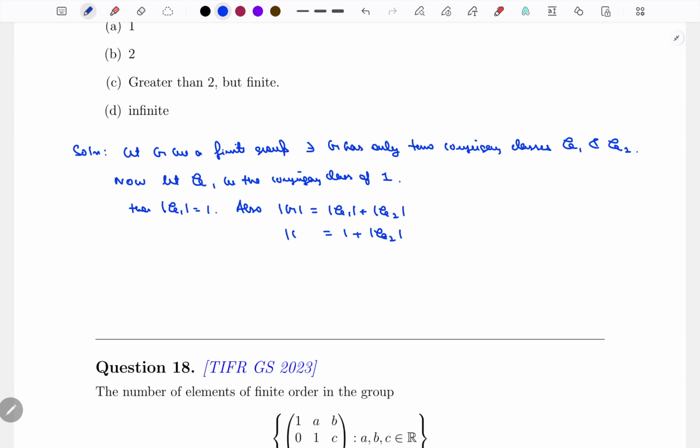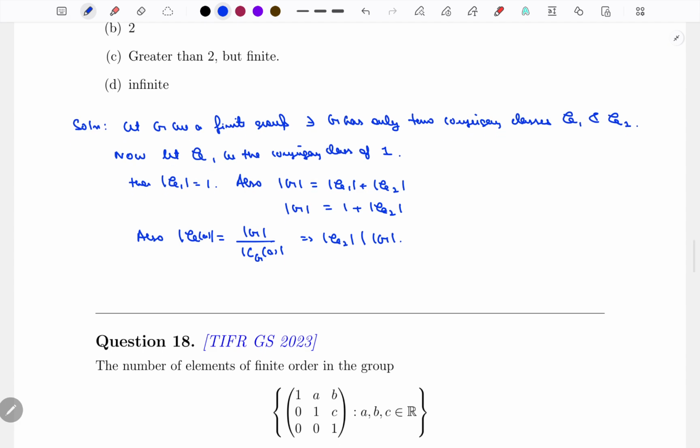What more can we say? Also recall that the cardinality of a conjugacy class, in case of finite groups, is given by the cardinality of G divided by the centralizer of A, for the conjugacy class of some element A. What does that mean? That the size of the conjugacy class divides the order of G.